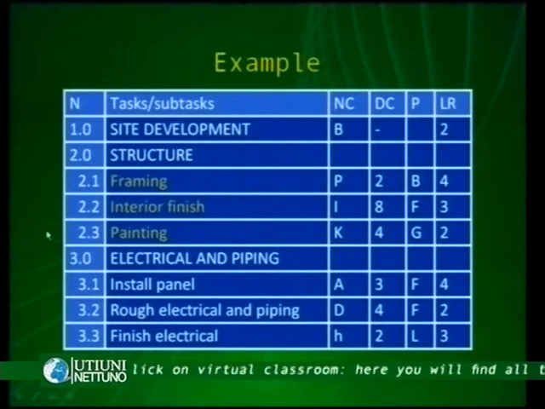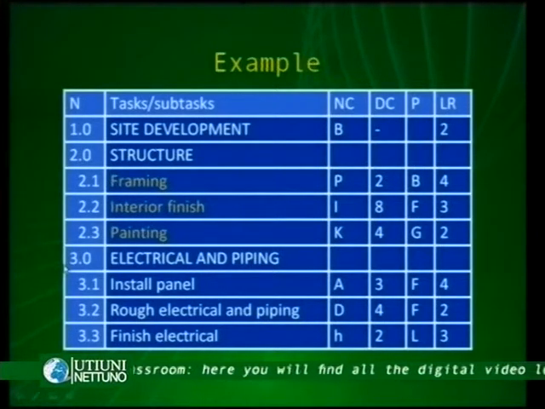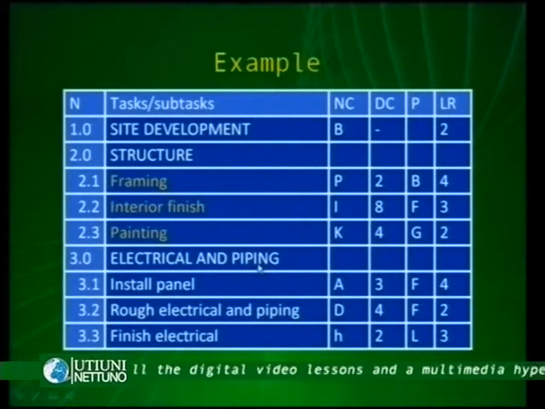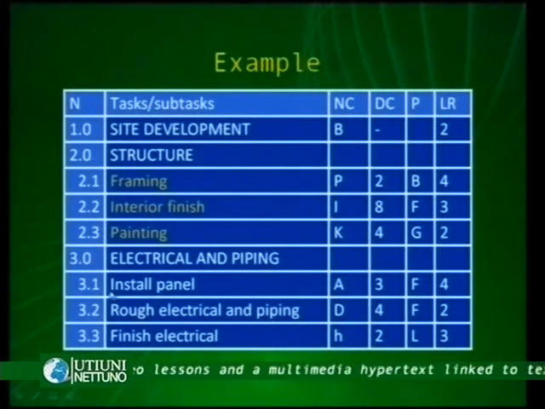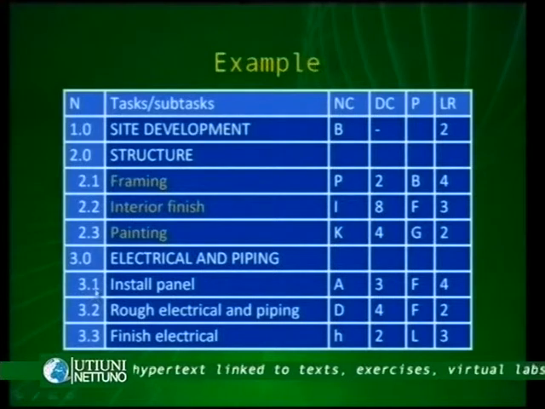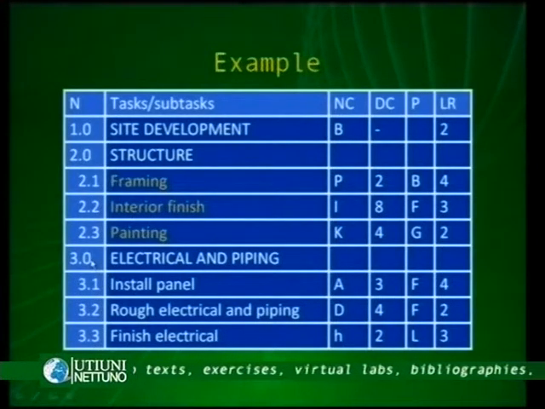As you can see, the same example could be taken for the task number 3. So number 3.0, task electrical and piping, and then 3 subtasks: install panel, rough electrical and piping, finish electrical, which are different stages 1, 2, and 3 of the same main activity.